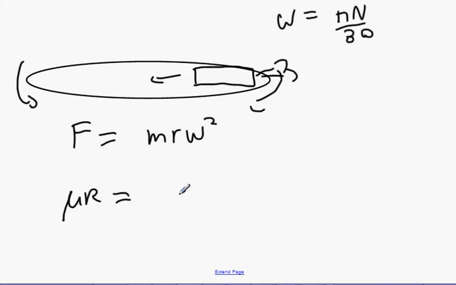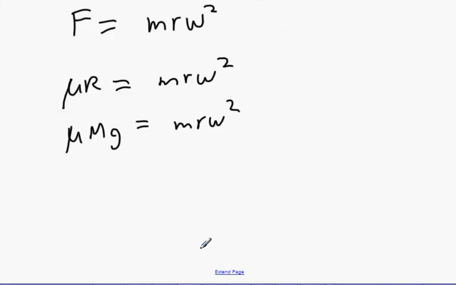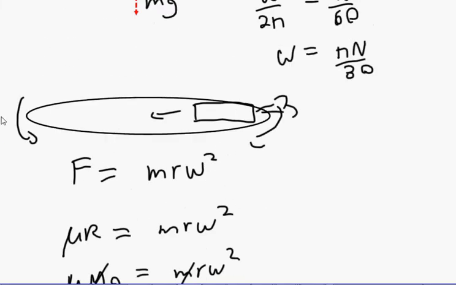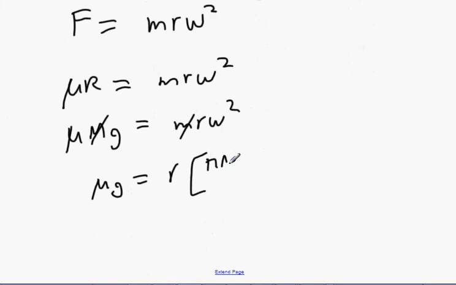So mu R equals m r omega squared, and this is going to be mu mg. Mu mg equals m r w squared. The m's will cancel. Then we're ending up with mu g equals r omega squared, and we know omega is pi n over 30, squared.